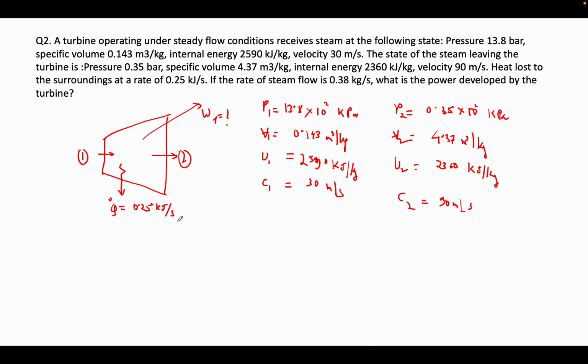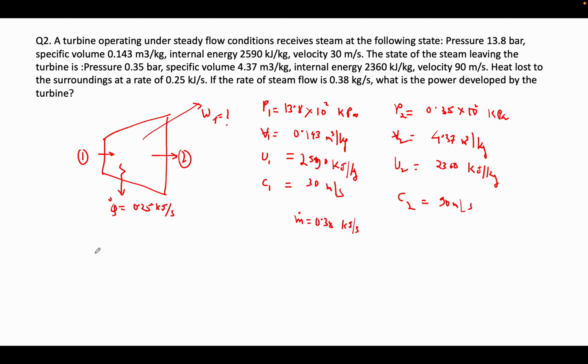Heat lost, I have already written there, and steam flow rate, that is m dot, nothing is said, so it will remain constant. It is given to us as 0.38 kilojoule per second. Now we are not required to calculate the mass flow rate, so we will directly move into the energy equation.